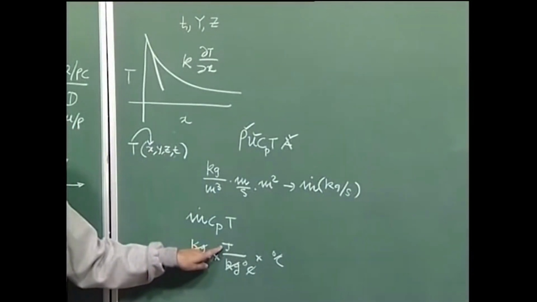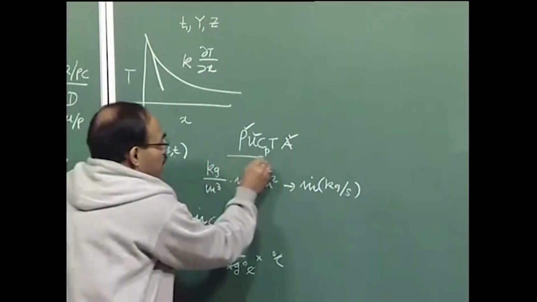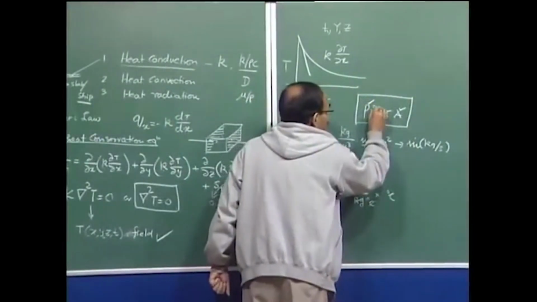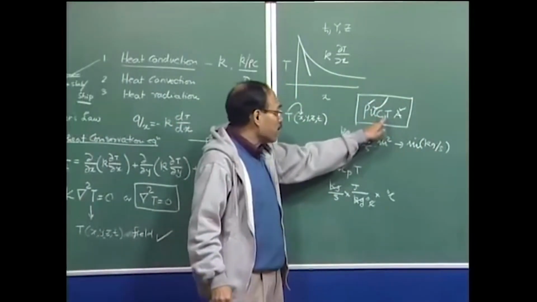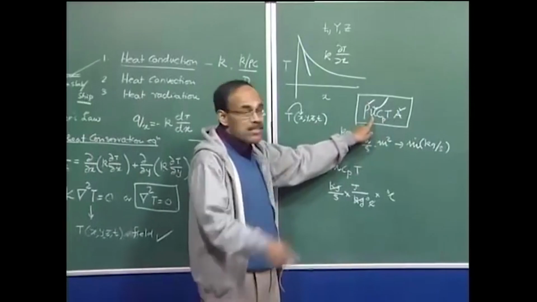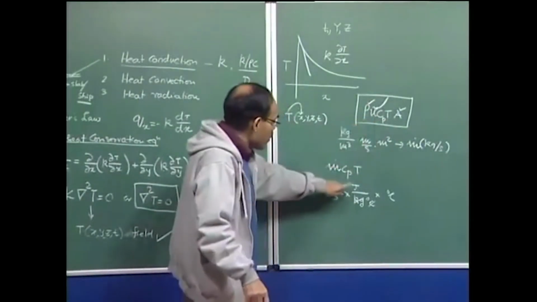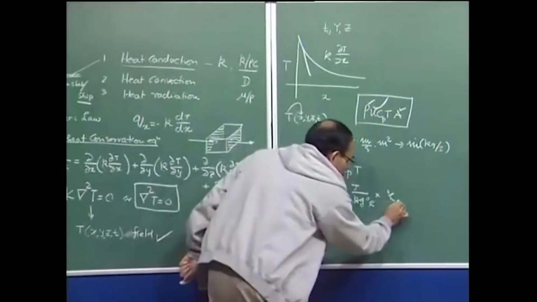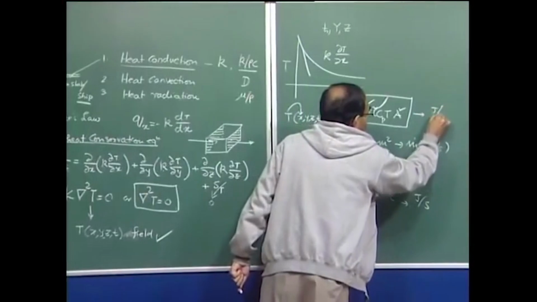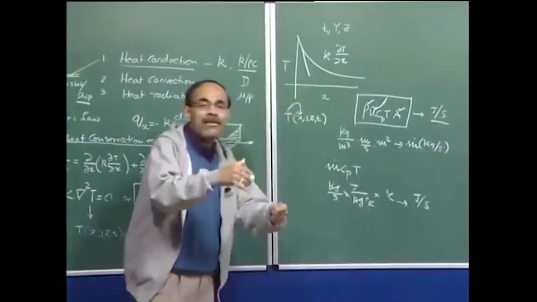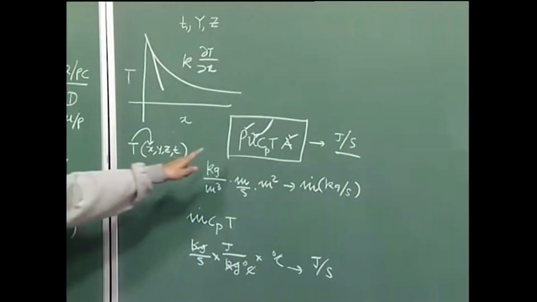So, this is the rate of energy transfer, and it is because of what? Because of fluid motion. I have not taken the differential temperature, I have taken the temperature of the fluid, and there is a fluid motion, and therefore this term, the rate of heat flow in joules per second, or the rate of energy transfer from one point to another, is solely because of the fluid motion.